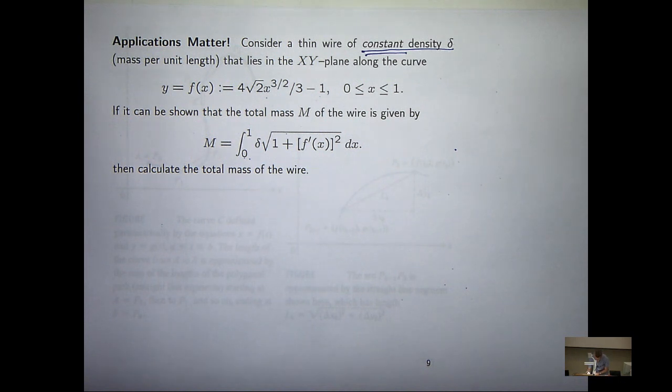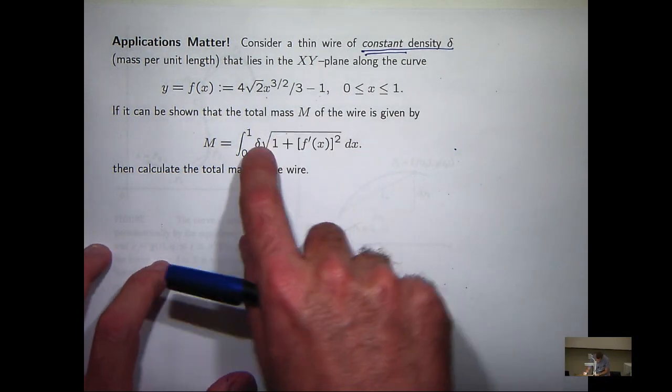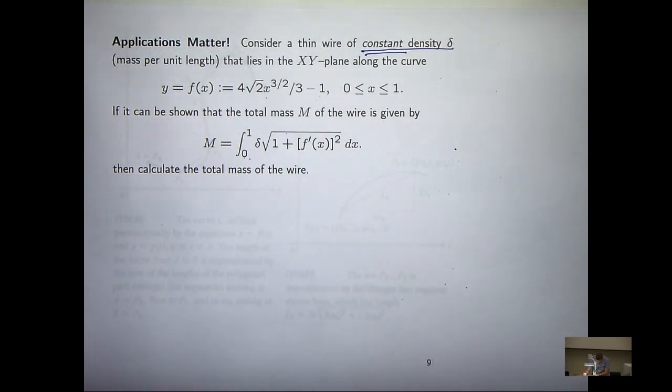Also suppose that the wire is lying in the xy plane and it sits along the curve or the graph of the function y equals f of x. Essentially, to calculate the mass for a constant density, it's just density times the arc length.